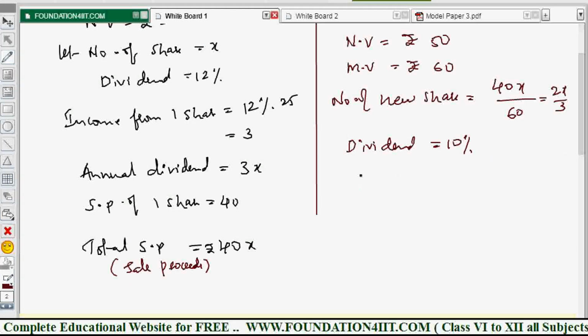If you want the annual income, first find the income from one share. One share income is 10% of nominal value. Dividend is always calculated on nominal value, remember. So 10% of 50 is rupees 5.